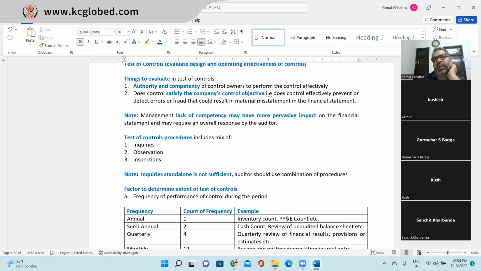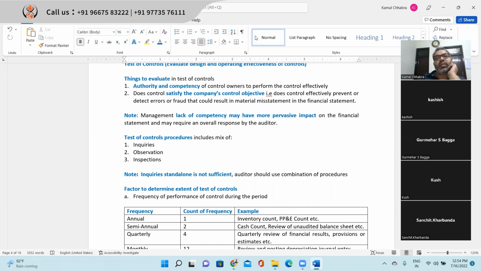That is very important. If the control owner is not competent, then the control is not operating effectively, right? If the control owner is not authorized but is doing the transaction, then also the control is not operating effectively. Make sense?